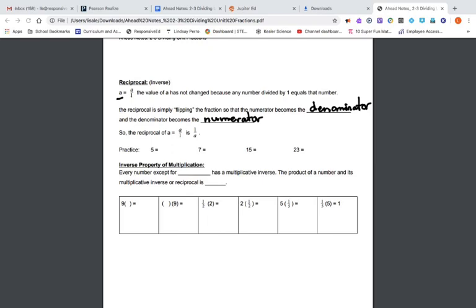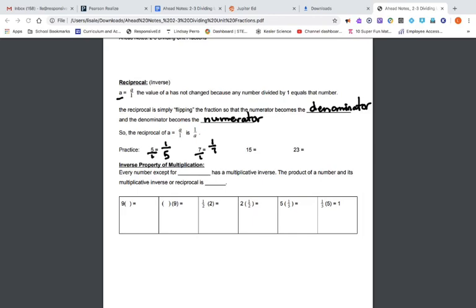So for this example with A over 1, I flip it, so now my A is my denominator and the 1 is now my numerator. So let's just try this. Again, I'm talking about 5 over 1. If I take the reciprocal, it's 1/5. 7, if I take the reciprocal, it's going to be 1/7, because that 1 really is underneath there even though I don't show it when I have a whole number.